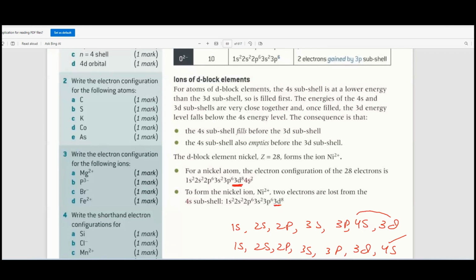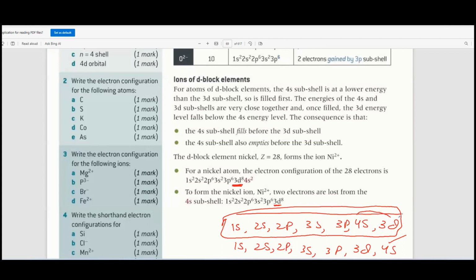So 4s is at a higher level, so the 4s only comes off. Wait, I'm confused. Why is 3d before the 4s? Because when you have filled 4s, you fill 3d, right? So this is the sequence in which you fill it.